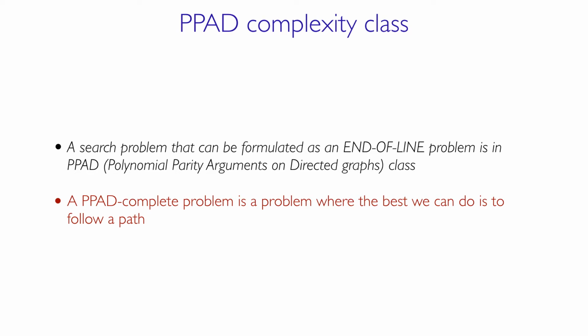A problem belongs to the PPAD class if it can be formulated as an end-of-line problem. If a problem is PPAD complete, and therefore it is one of the hardest problems of the PPAD class, then the most efficient algorithm to solve the problem is to follow a path.